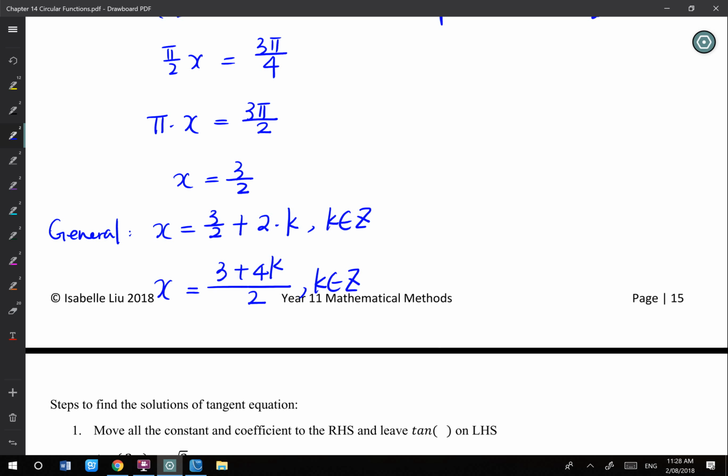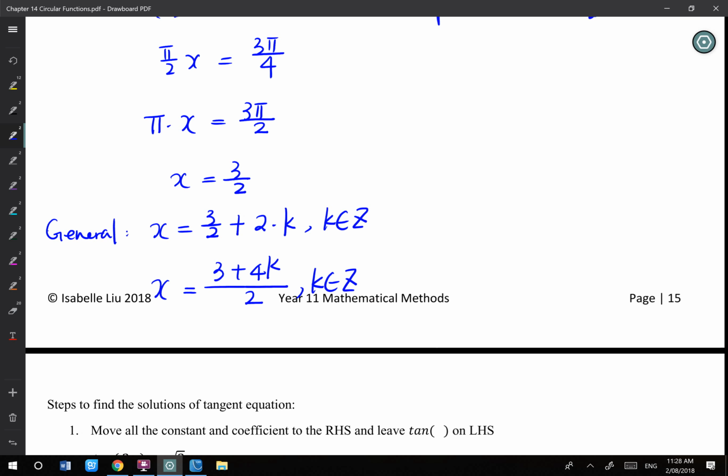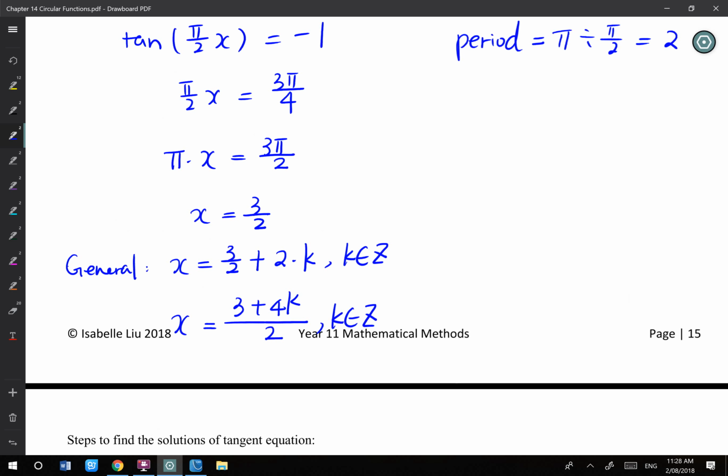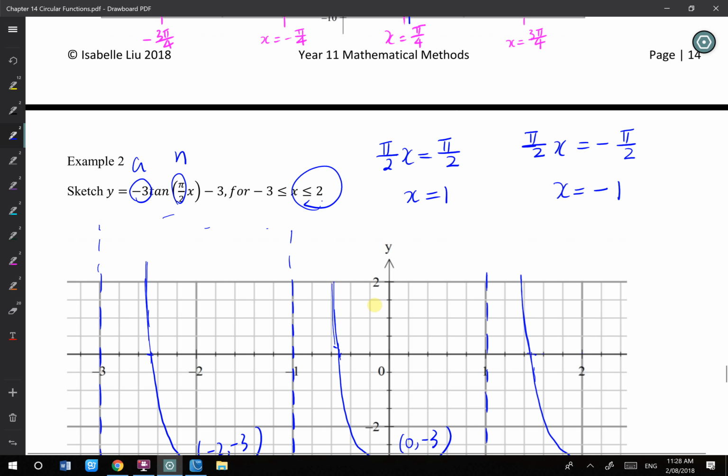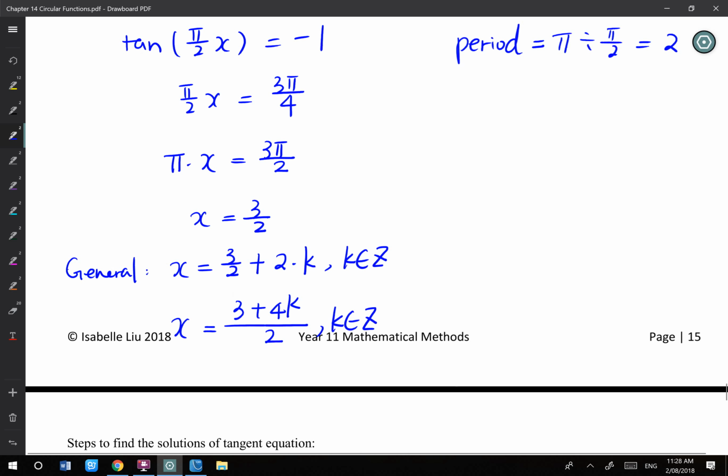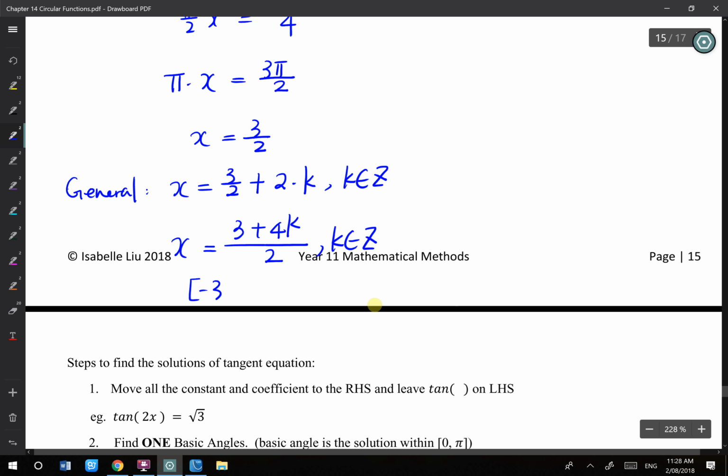So 3 plus 4k over 2, that's the general solution. Remember your domain is -3 to 2.